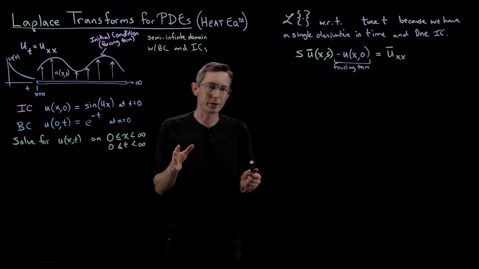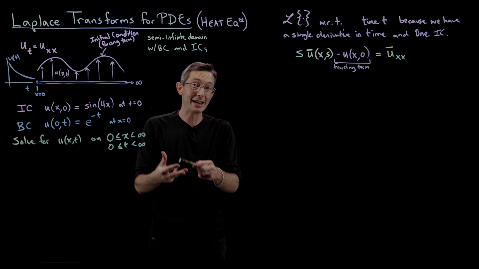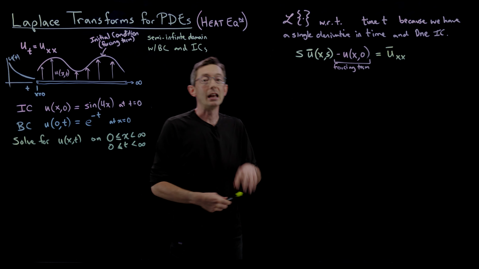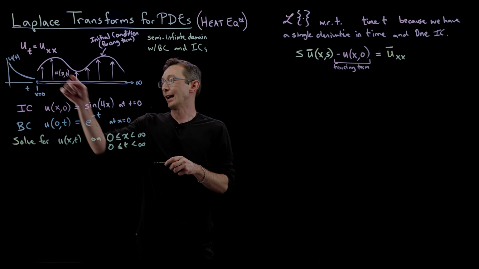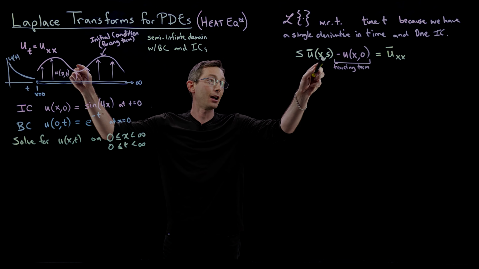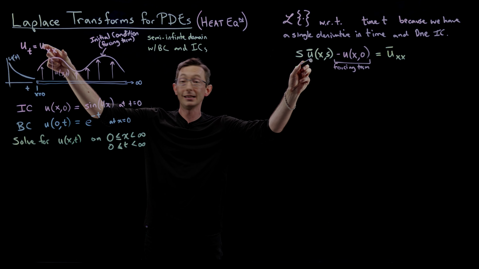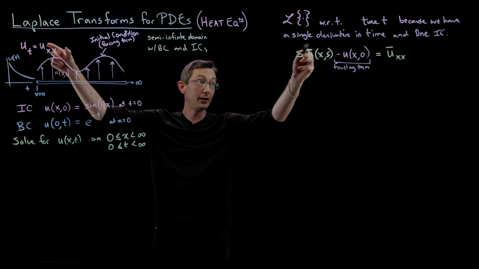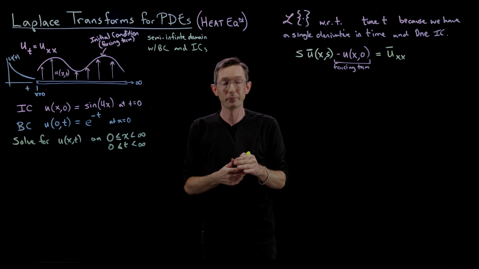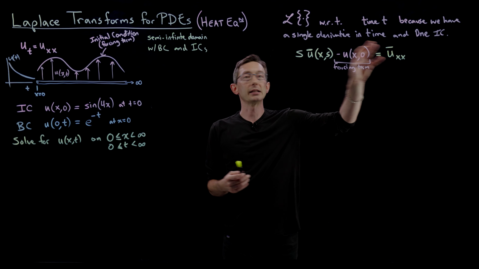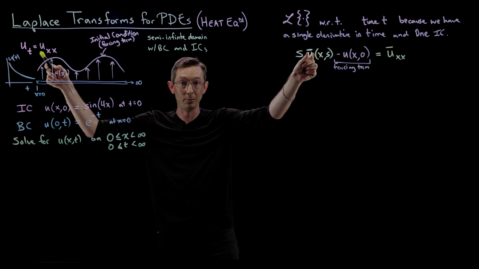You'll have to convince yourself that when you have a function u of space and time, if I only Laplace transform with respect to time, I get u bar of x comma s. And if I take the second spatial derivative of that, it's just u bar xx. That's totally fine. So all I've done by Laplace transforming is remove the time derivative and turn it into s times u bar.